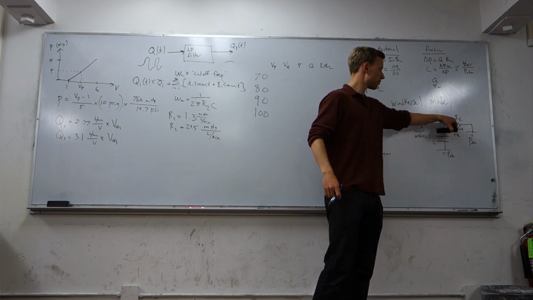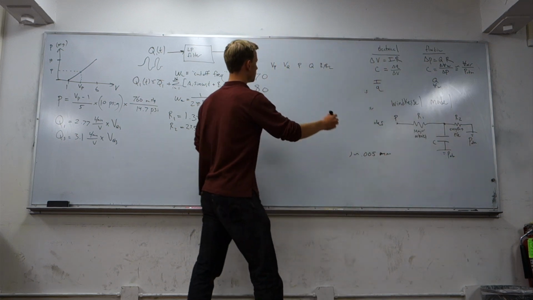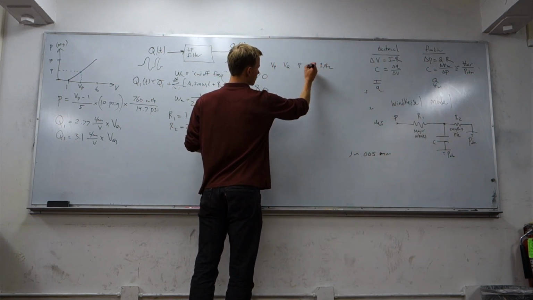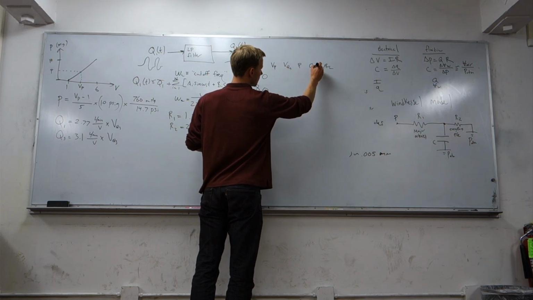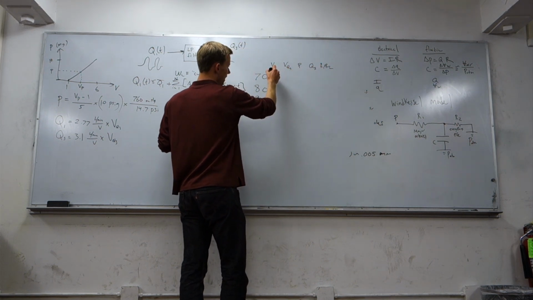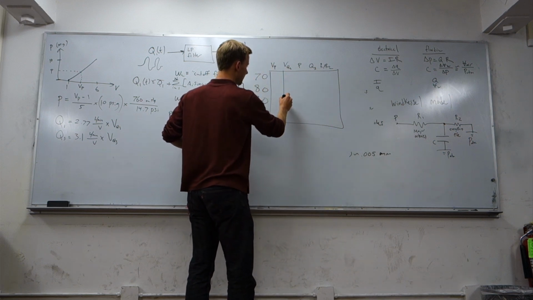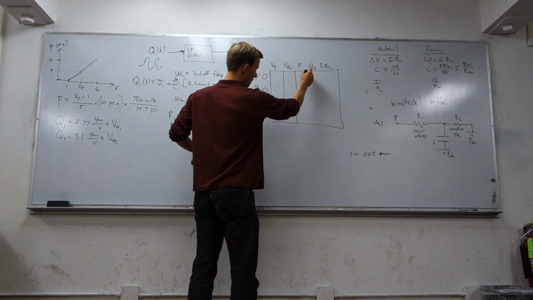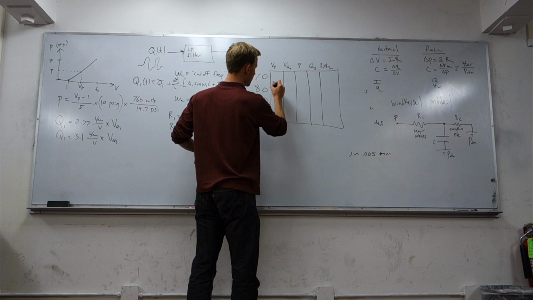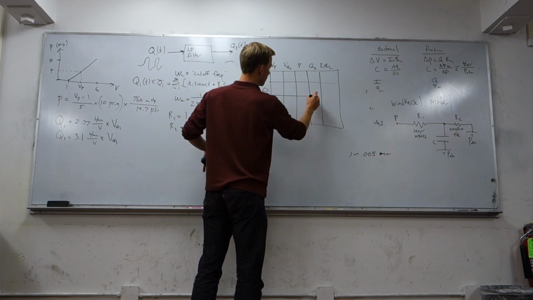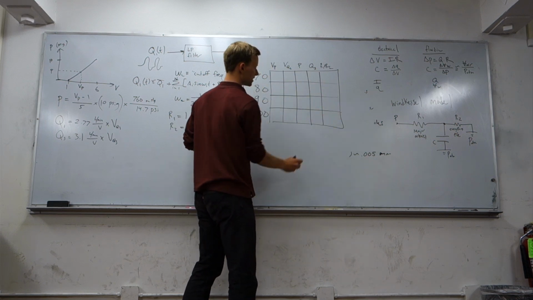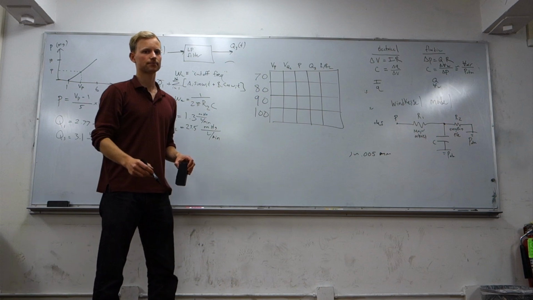The flow rate through these two resistors will be the same. So I will say arbitrarily we're going to do Q3. And I will fill in the table. And I will try to get different R1 plus R2 values at different flow rates, and then we will see how those resistances compare with different flow rates.